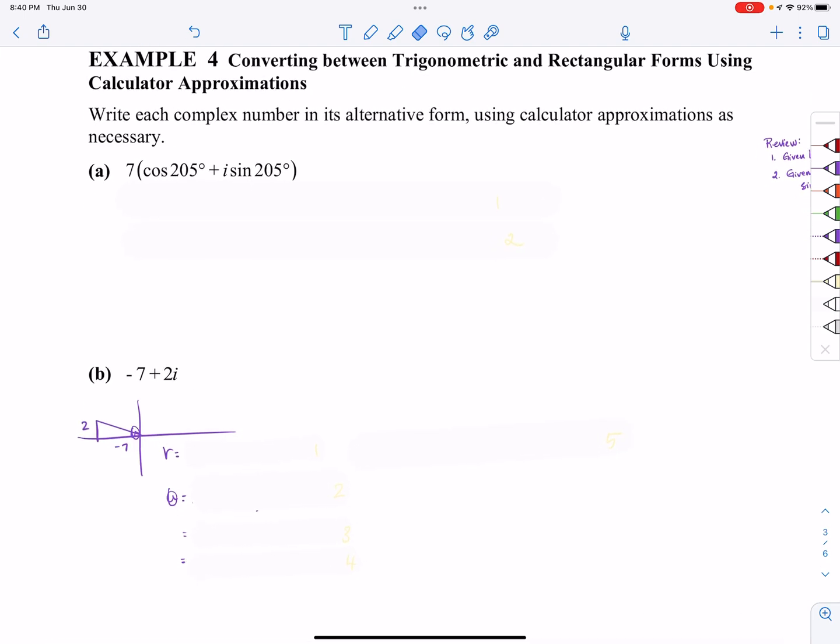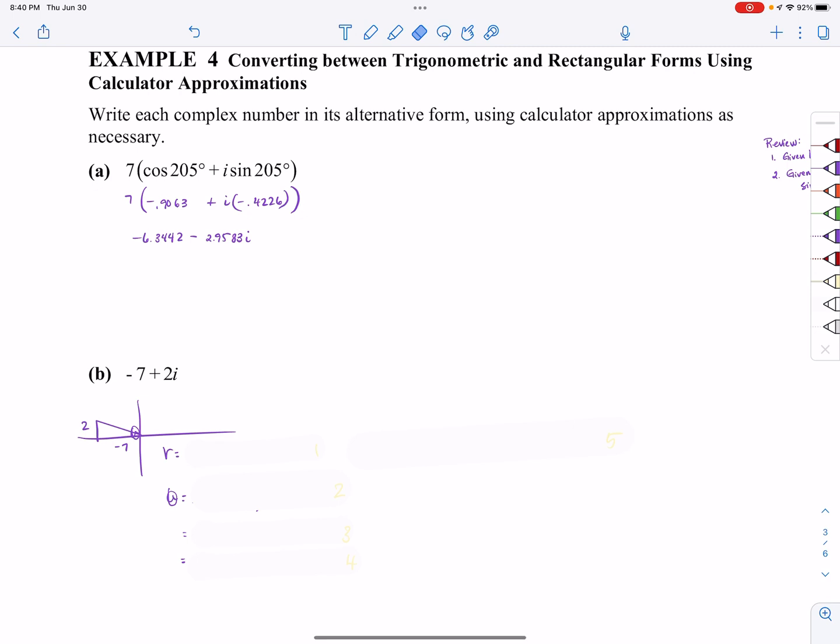But 205 degrees is not on the unit circle, so we'll need our calculator for this. Let's type in the cosine of 205 and the sine of 205. And then we will distribute our 7.